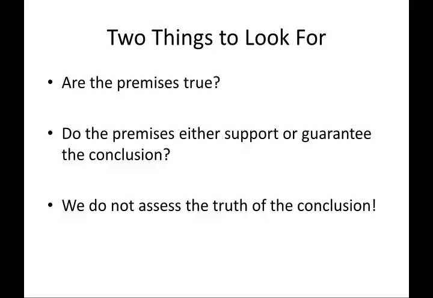I think it's more intuitive to think of this section in terms of the questions that you would ask yourself when you are evaluating an argument, either your own or someone else's. What's the first question that you would ask yourself? This is going to be fairly intuitive to most of us: are the premises true?